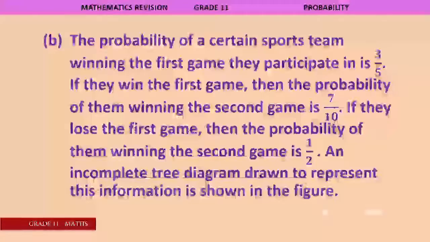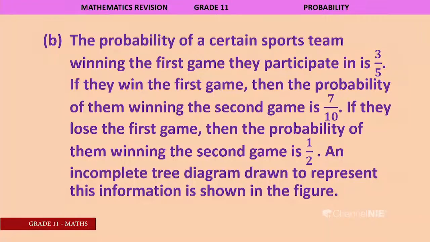Now, the probability of a certain sports team winning the first game they participate in is 3 over 5. If they win the first game, then the probability of them winning the second game is 7 over 10.